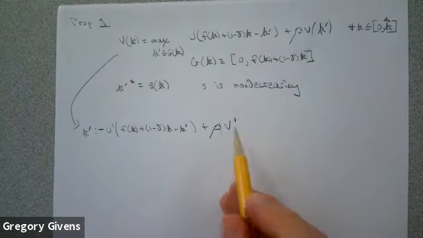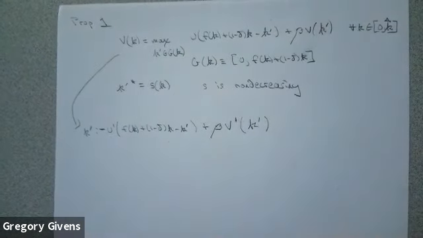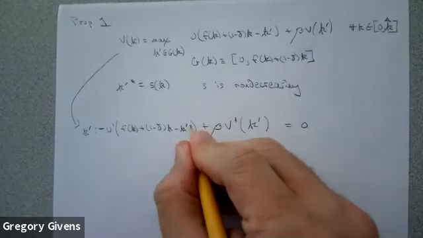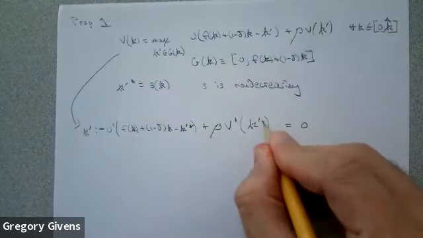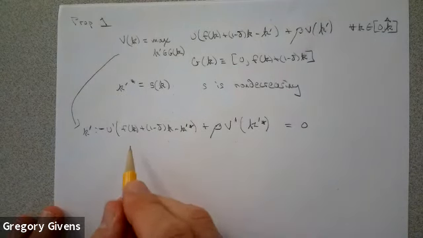So it would be beta V prime of K prime. This should be equal to 0 at the optimal value for K prime, correct? Okay, well, let's simplify this a little bit.